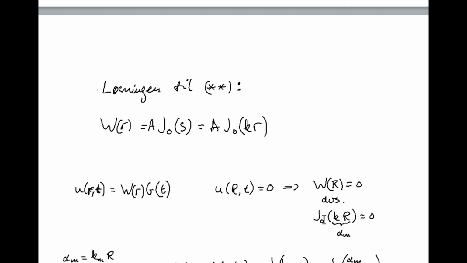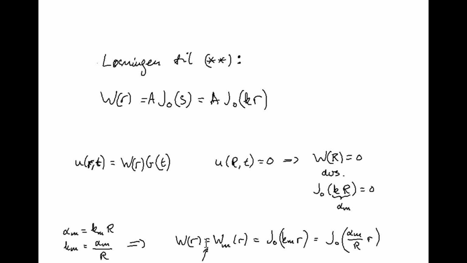So we are only considering cases where this constant k is equal to some value, which we can call km, such that km multiplied with capital R is equal to the mth 0 of this Bessel function. So this is another way of writing it. And we see that W of r, this solution, must be of this form.